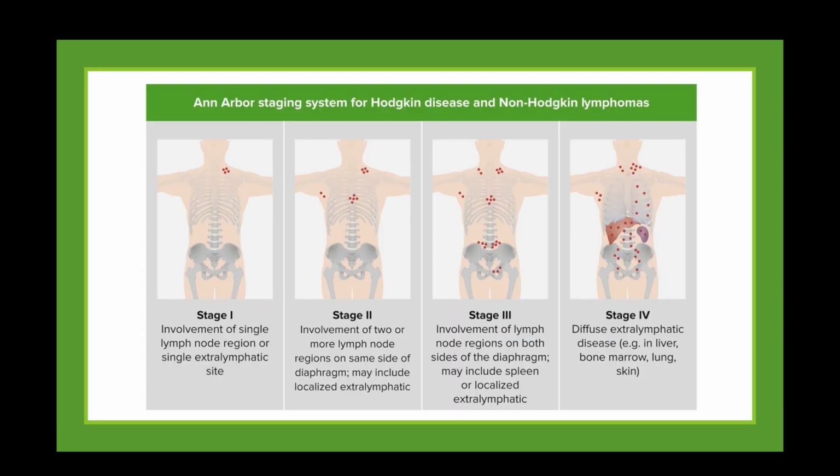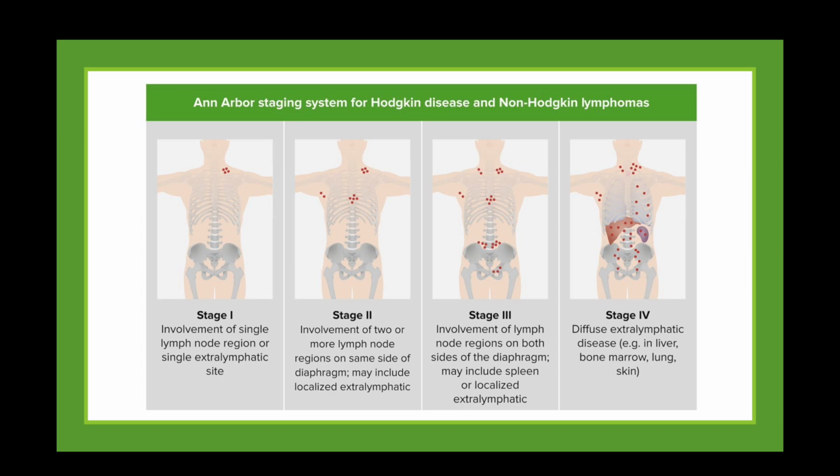And so that is the Ann Arbor staging in a nutshell. I think this image helps us to visualize it nicely. So stage 1 disease is a single lymph node region or a single extralymphatic site. Stage 2 is if you have 2 or more lymph node regions, but they're on the same side of the diaphragm. And if there's limited contiguous extranodal involvement, that can still be considered stage 2.